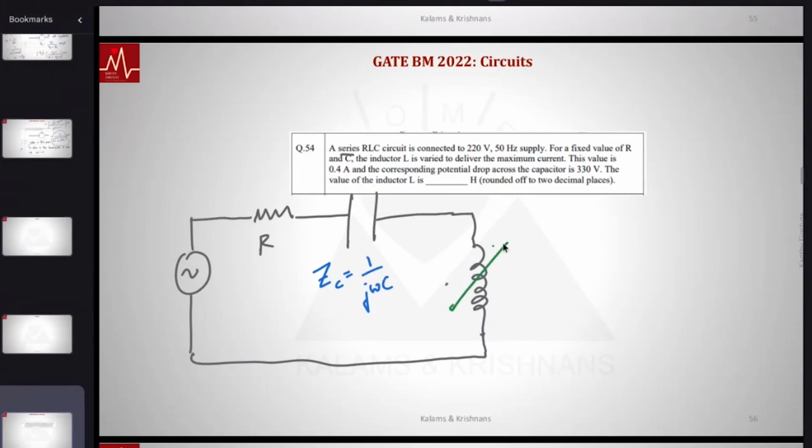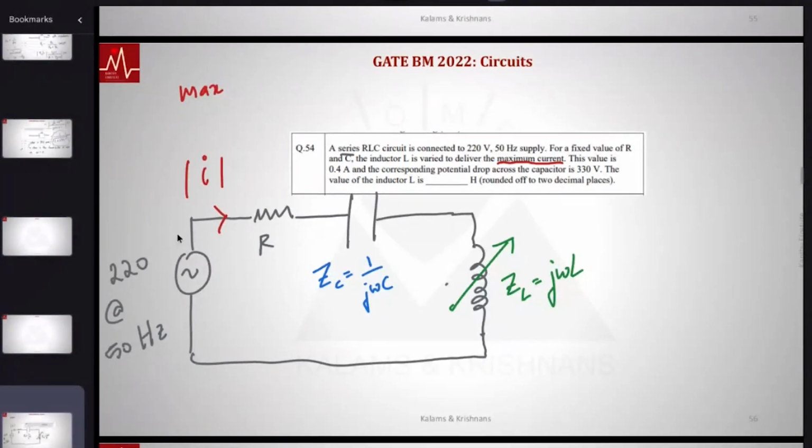You keep on changing this, so as you change L, you change the resonant frequency of the circuit. This Z L is j omega L, and this is at 220 V at 50 Hertz.